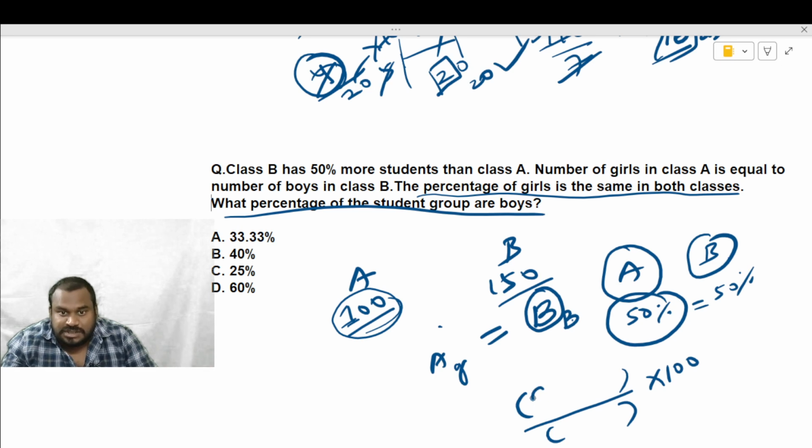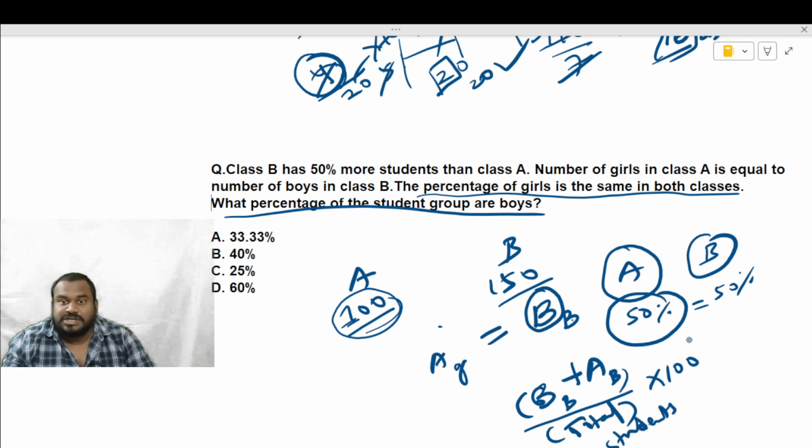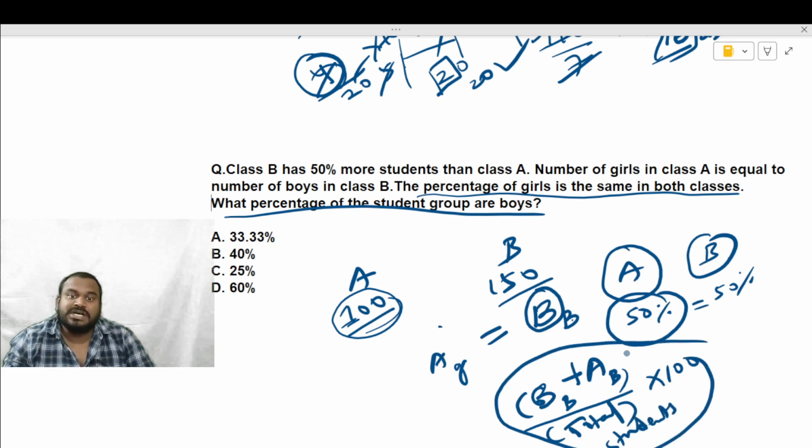It means BB, boys in class B, and AB, boys in class A, divided by the total number of students, into 100. He is asking what percentage of the student group are boys.